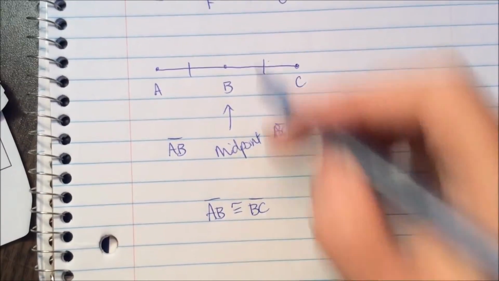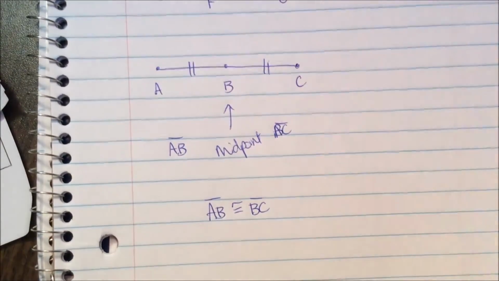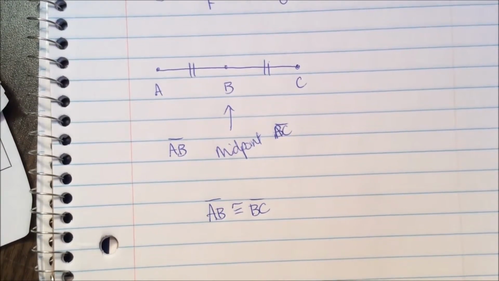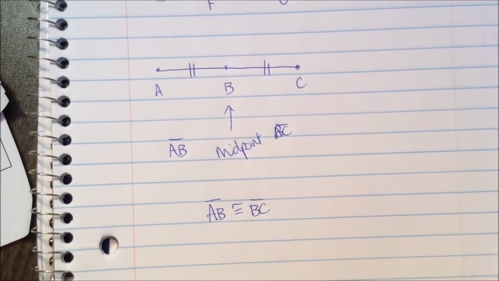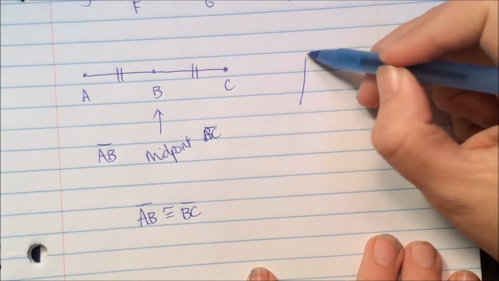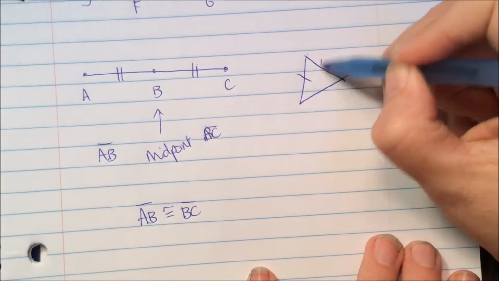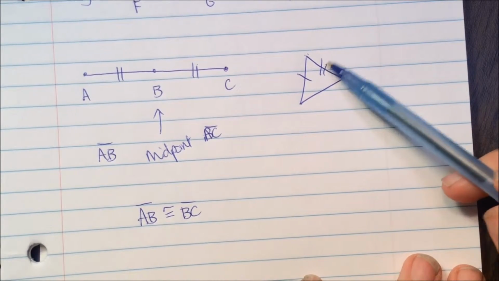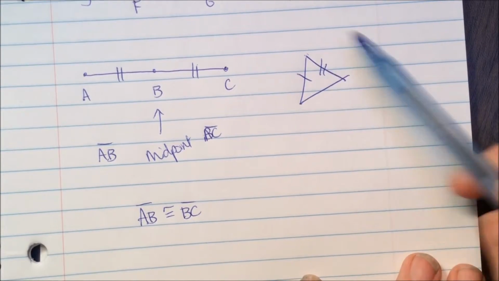And if they were marked like this, as long as they have the same markings, that means they're the same measure. Now if they had different markings, let's say it was a triangle, then they're not congruent. This is one marking, this is a different marking. They're not the same.